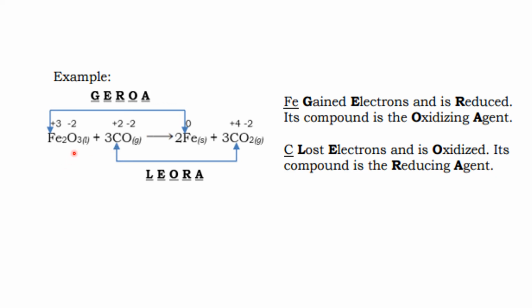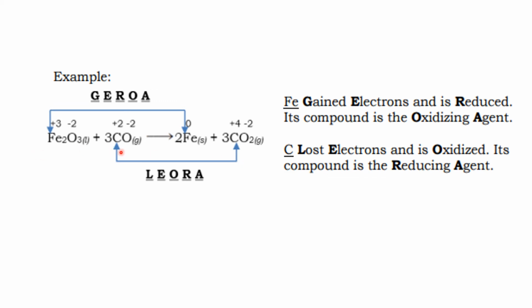So between oxygen and carbon, notice that carbon is the one that increased in oxidation number. Oxygen remained to be -2 even after the reaction. Carbon initially is +2. After the reaction, it went up to +4. Since there is increase in oxidation number, carbon is what we consider the atom that is oxidized.